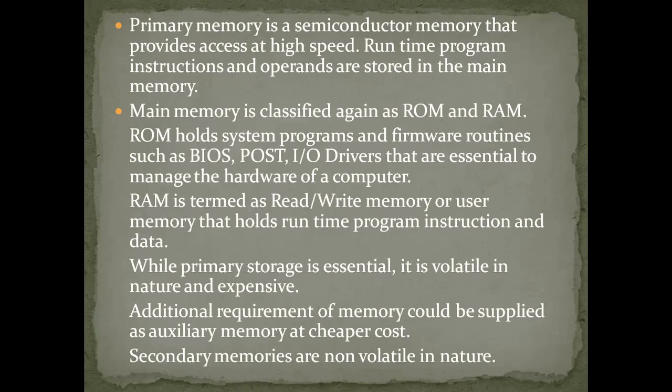Primary memory is classified into two types, ROM and RAM. ROM is read-only memory, RAM is random access memory. These two types are used in primary memory.